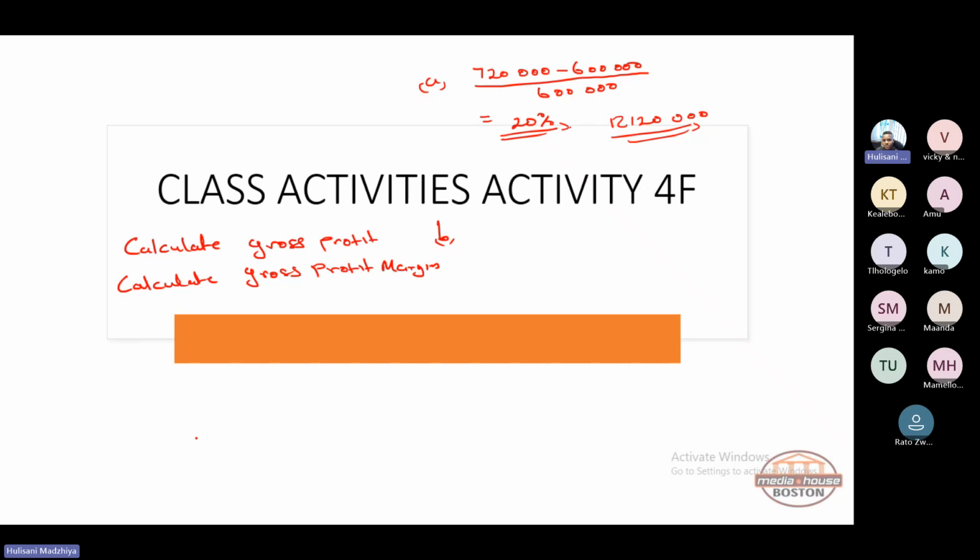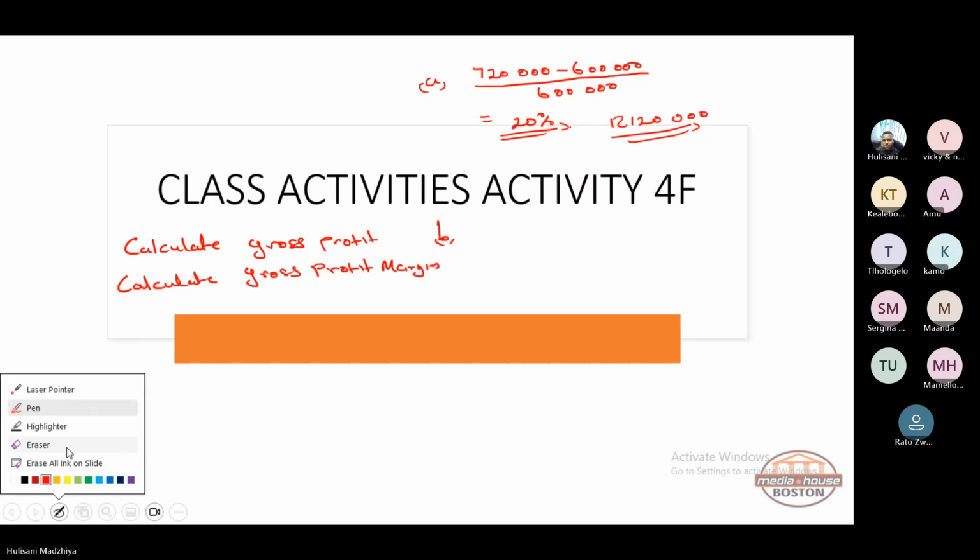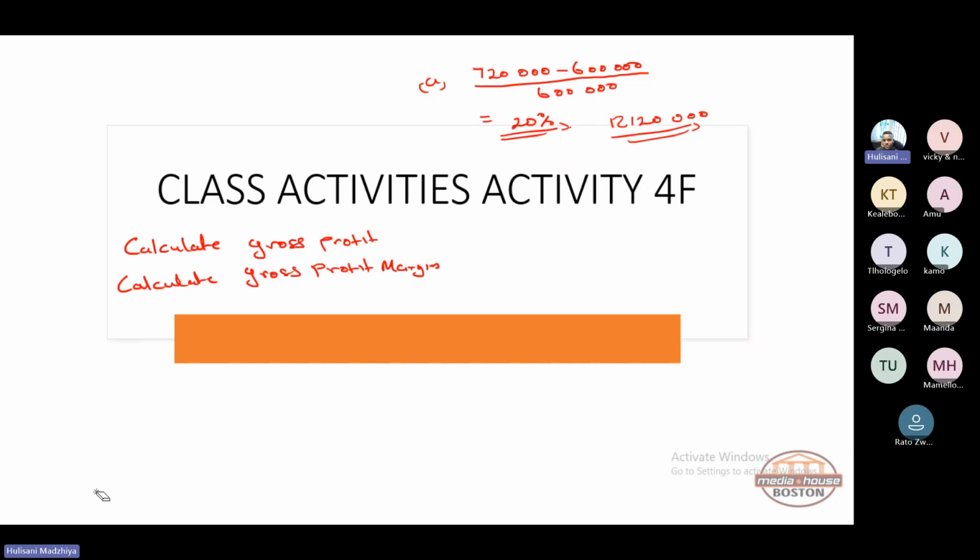So these two questions require two different answers. The first one, calculate the gross profit, means your answer needs to be in rand format. Calculate the gross profit margin: this answer needs to be in percentage format. The moment you include the word margin, everything then goes to a percentage. So whenever you are asked to calculate the gross profit margin, you're calculating a percentage ratio. Whenever you're calculating a gross profit, you're calculating a rand value.